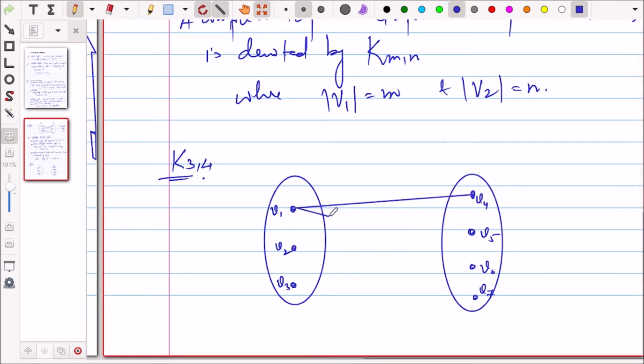So this V1 should be adjacent to every vertex in V2, right?